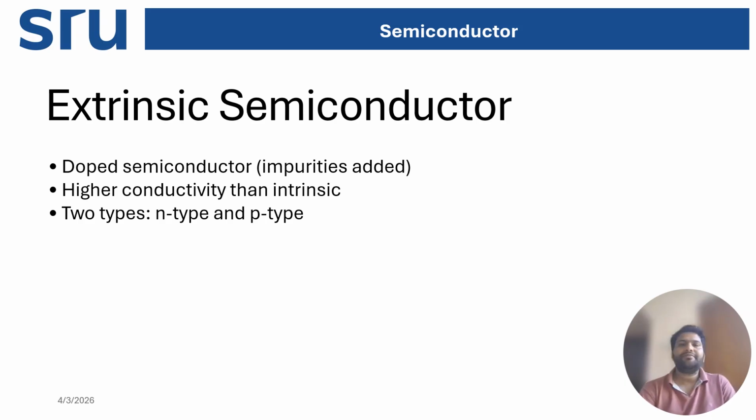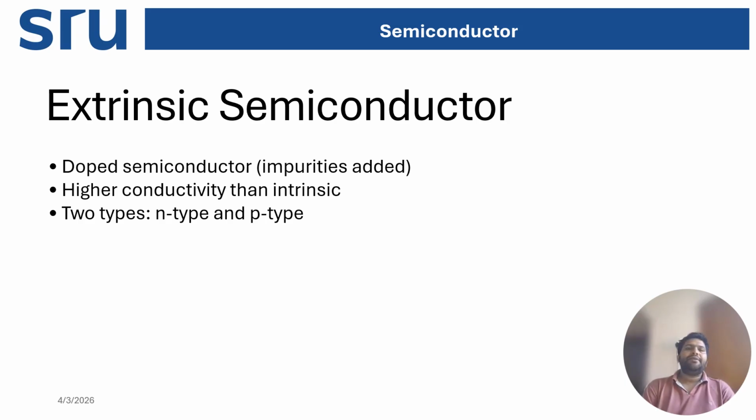So what type of impurity do you add in the pure semiconductor to make N-type and P-type? Pentavalent and trivalent impurities you have to add in a pure semiconductor, then the semiconductor is known as N-type and P-type semiconductor.